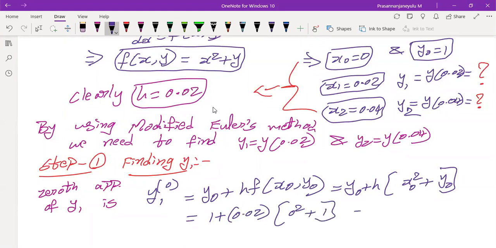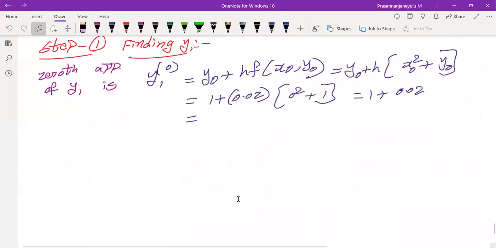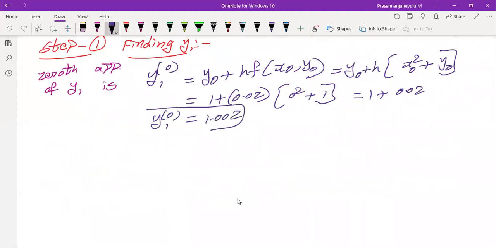So finally we get 1 plus 0.02 into 1. So the 0th approximation of y1 is 1.002.